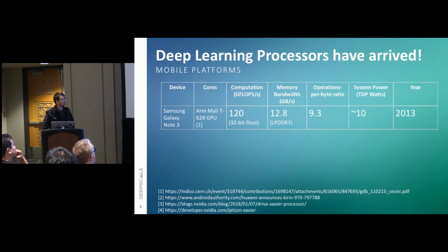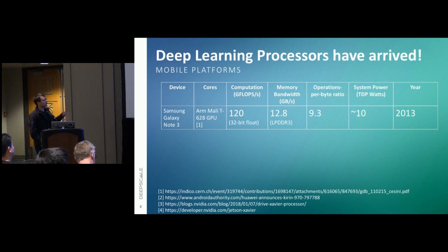Similarly, look back just a few years. One of the most efficient devices for doing deep learning or deep neural net inference on mobile devices just 5 years ago was the ARM Mali GPU. This is kind of the class below the smallest thing that NVIDIA sells. And they claimed, or I guess if you do the multiplication of how many vector lanes times how many megahertz, you get about 120 gigaflops per second.